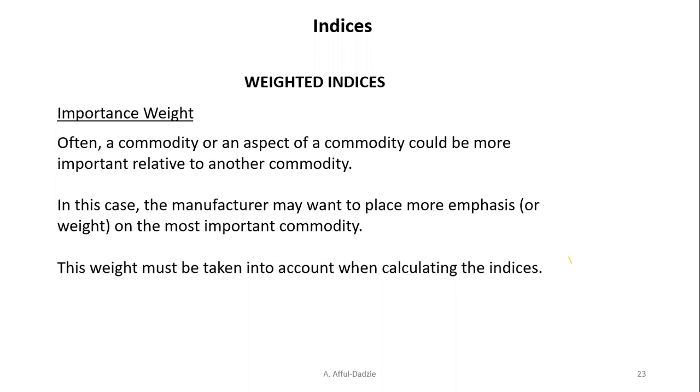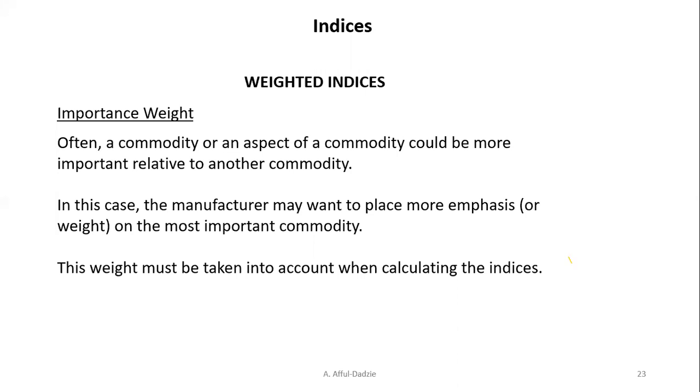So we want to find a way in which we can account for these variations in the commodities. One of the ways of doing that is to include importance weights. For instance, if we take the case of the sugar and the bread and the butter, where in actual sense it is bread that is experiencing a higher price change, a higher change in index compared to butter, although the values seem deceptive, 200 cedis and then 40 pesos.